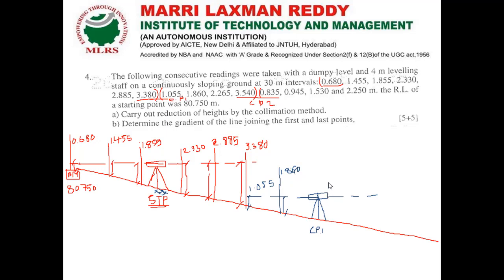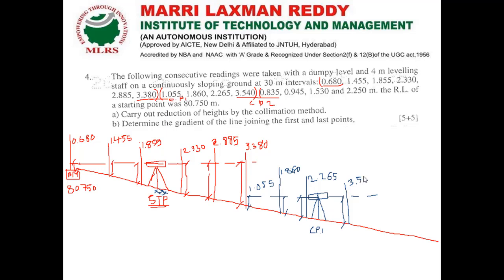Next to that, 2.265. Next to that, the height of the staff reading from the ground to the collimation line is 3.540.